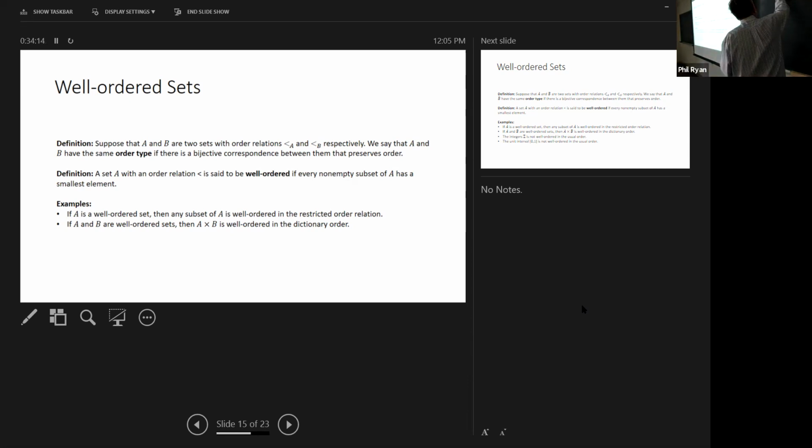Because if X is some subset of A cross B, then you look at the set Y of first coordinates of X, right? And that's going to be some subset of A. So therefore, it has a smallest element. Let's call that A0.